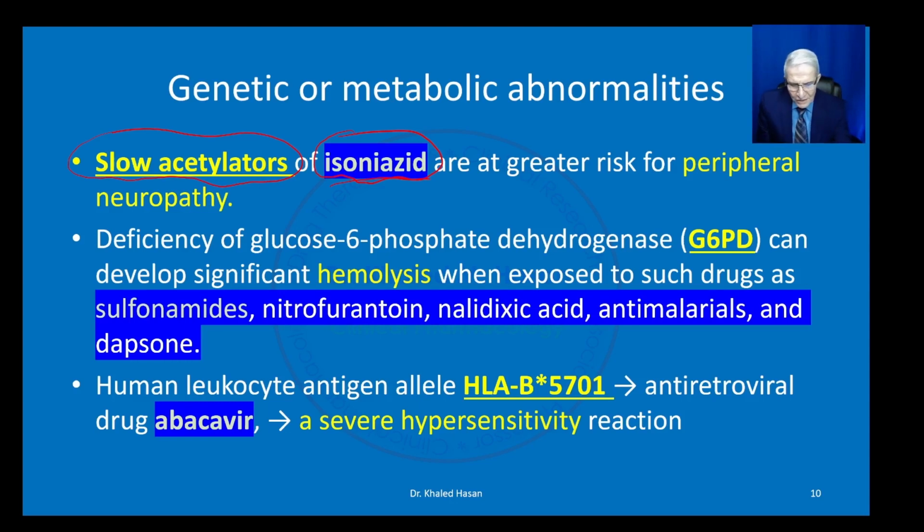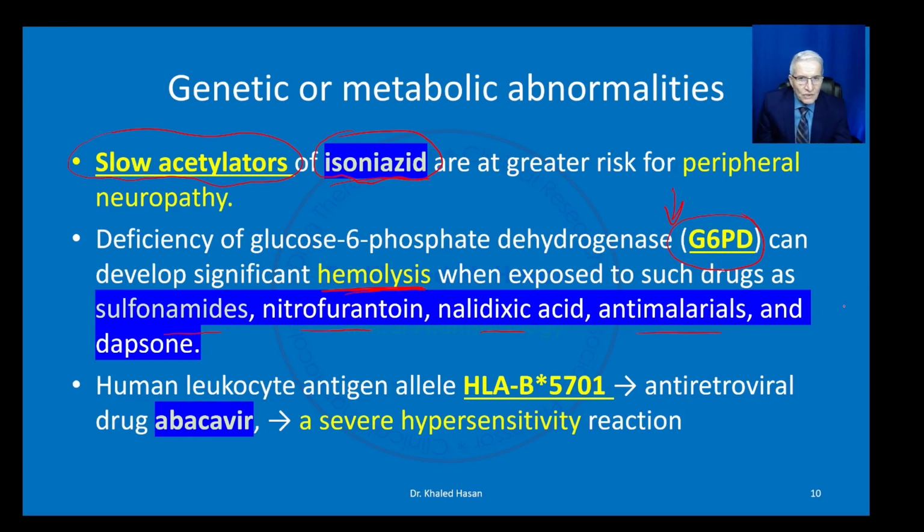Moving to another case, some patients suffer from deficiency of glucose-6-phosphate dehydrogenase, G6PD. If we have a deficiency in this enzyme, those people may be at risk of developing hemolysis due to exposure to drugs such as sulfonamide, nitrofurantoin, nalidixic acid, and anti-malaria drugs.